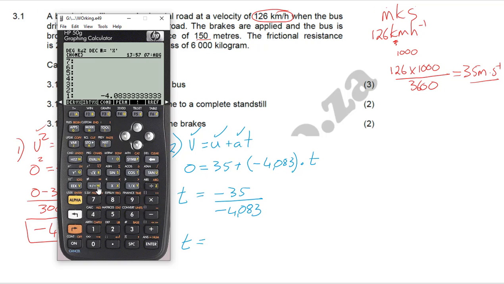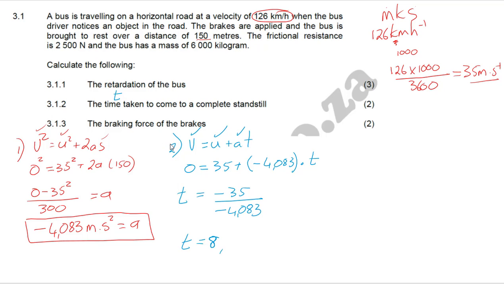That's a negative, so we've got negative 35 divided by that gives me a grand total 8.57. 8.57, and the unit for time is second. If you ever end up with a negative time, you've done something wrong. Time cannot be negative.